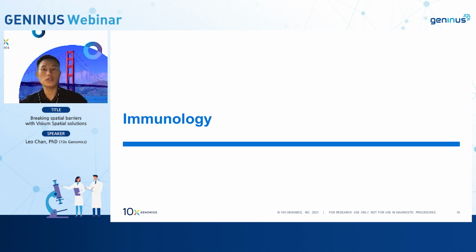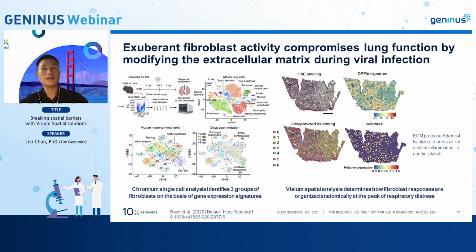For immunology, I would like to talk about an example on viral infections of the lung, which also integrates single cell and spatial transcriptomics technologies. This publication in Nature last year is by researchers at the St. Jude's Children's Research Hospital in the US.